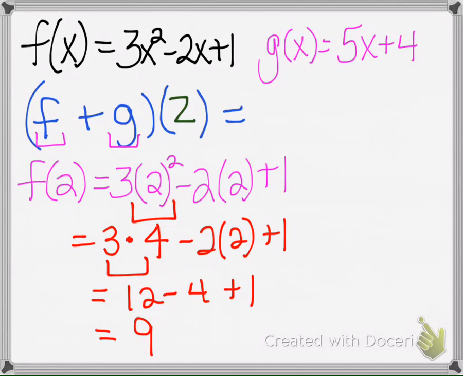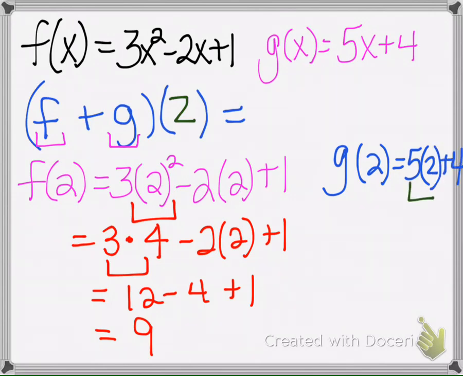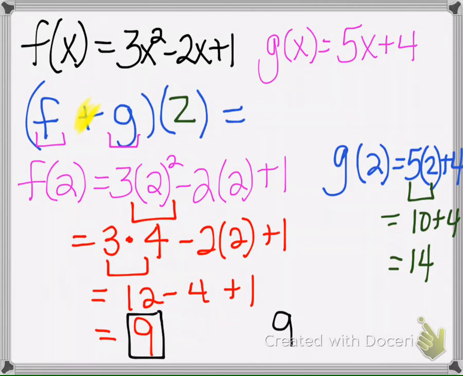And so now we're going to do the same thing for g. And we get 14. Well, we're asked to add the values. So we're going to take the 9 and add it with the 14. And we get that the value is 23.